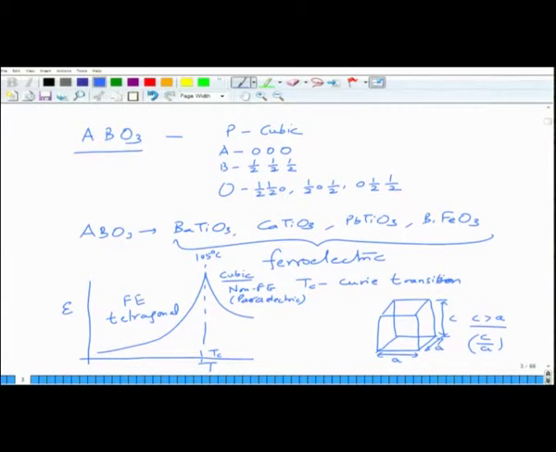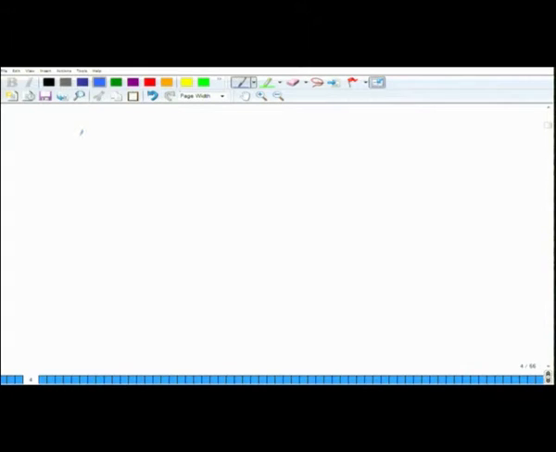So, above Tc the structure will typically be cubic. Below Tc there will be some distortion, a very minor distortion in the unit cell, and this minor distortion leads to non-cubic structures.